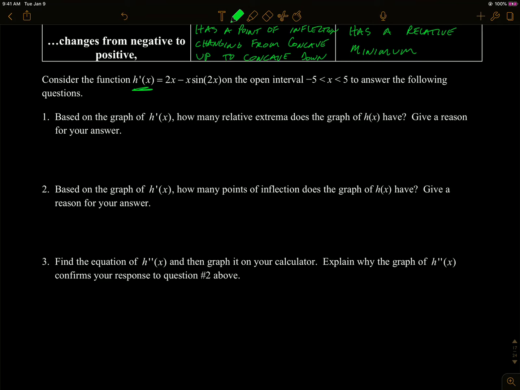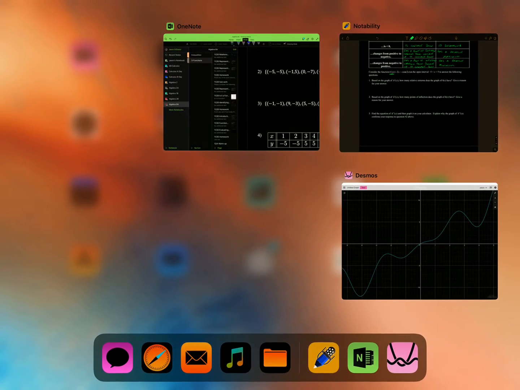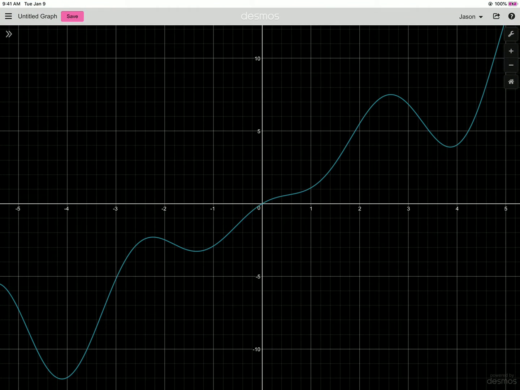So you would have to take a look at that graph. I'm going to ask you to pause the video here for a second and get that graph on your calculator. Okay, welcome back. So let's take a look at it in decimals. You should be looking at something similar on your calculator screen. So we want to know how many relative extrema the graph of h has. This is kind of just a review question.